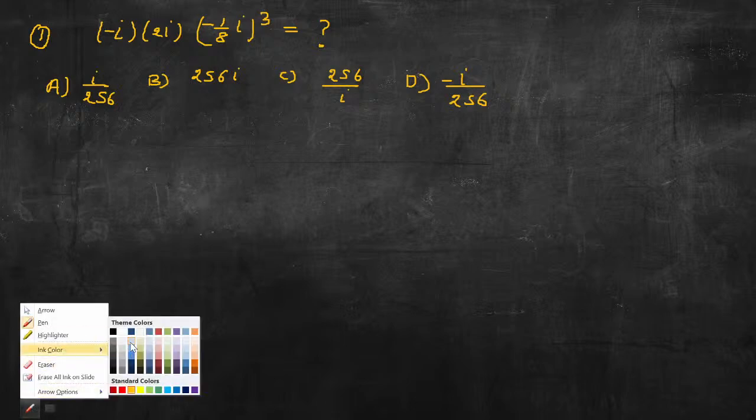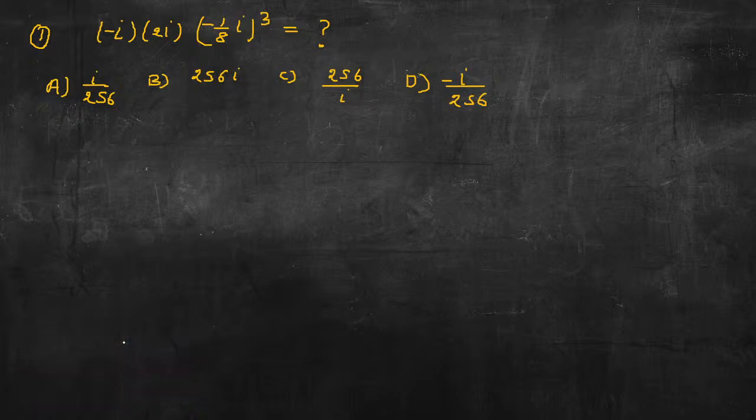The first question is not that difficult, so try to make an approach for it. You just have to multiply. First of all, multiply iota and iota, it will become iota square. So you will see minus 2 iota square, can I write it out? Yes, of course.